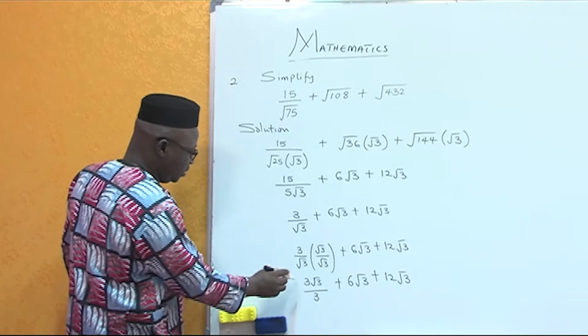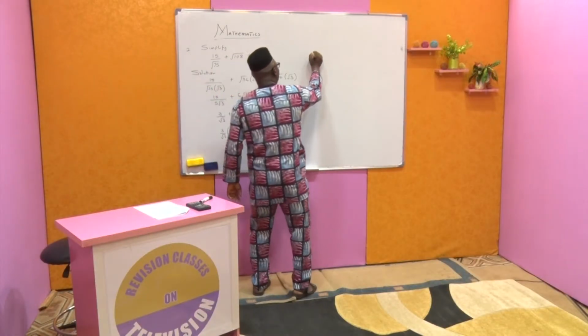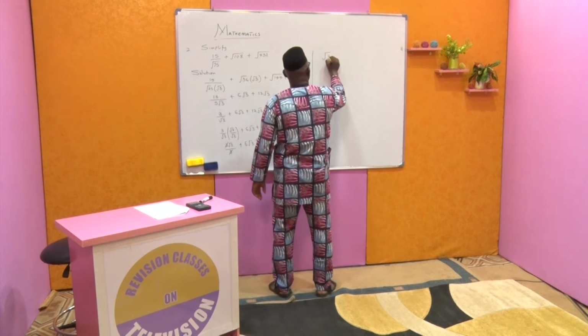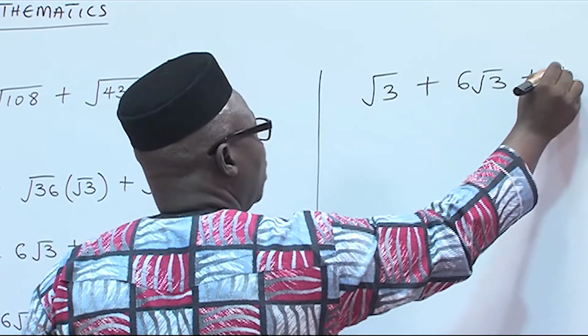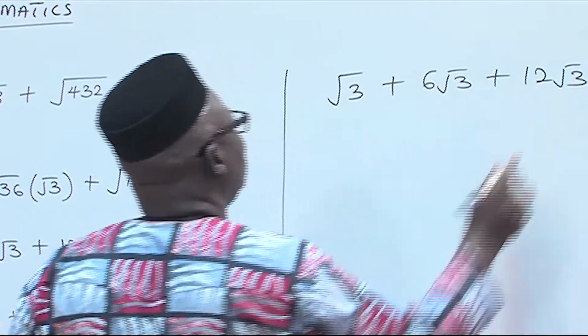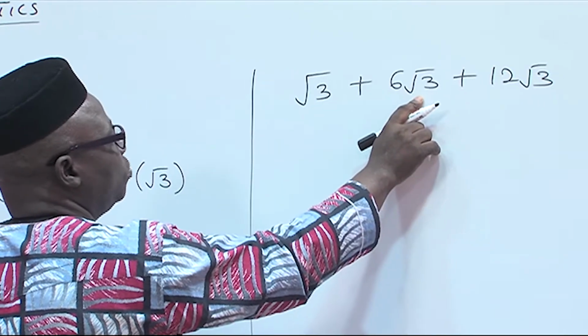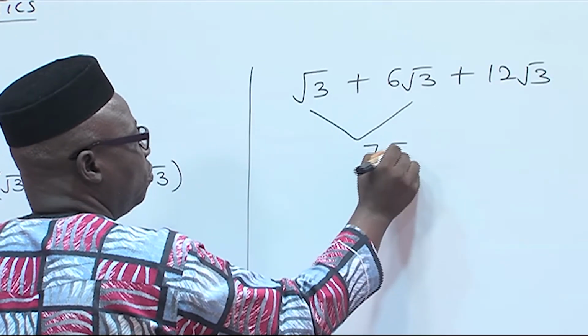So at this point, 3 can cancel out 3. I'm going to be left with root 3 plus 6 root 3, then plus 12 root 3. So I'm going to do my addition. Root 3 plus 6 root 3 is going to be 7 root 3.